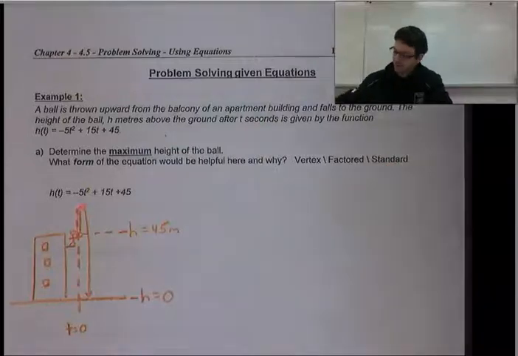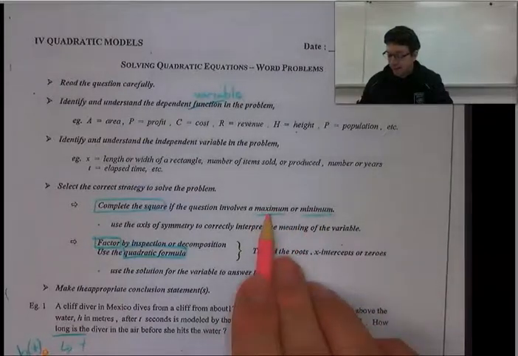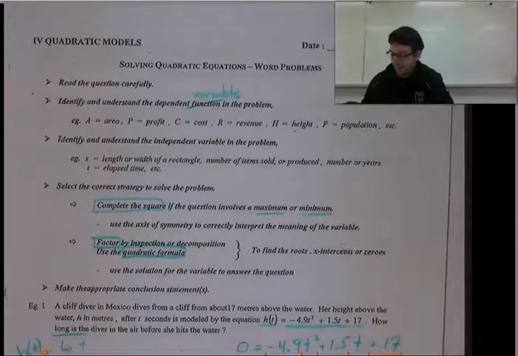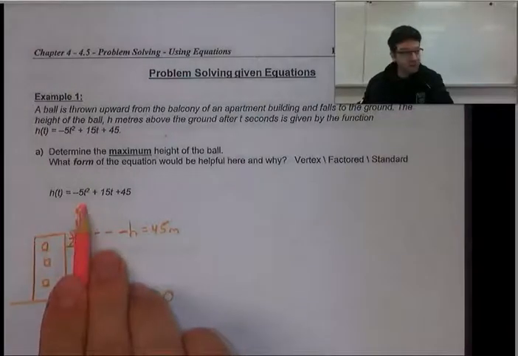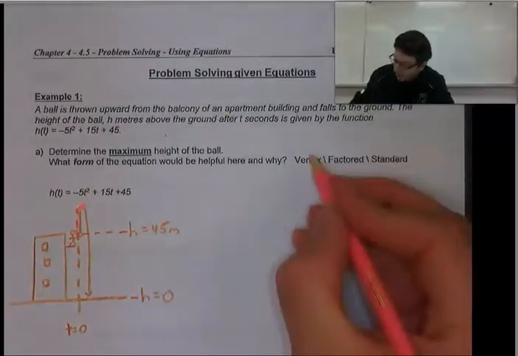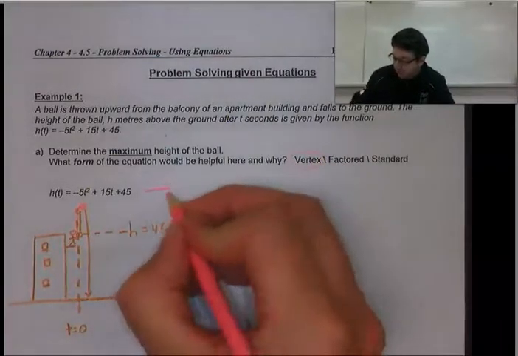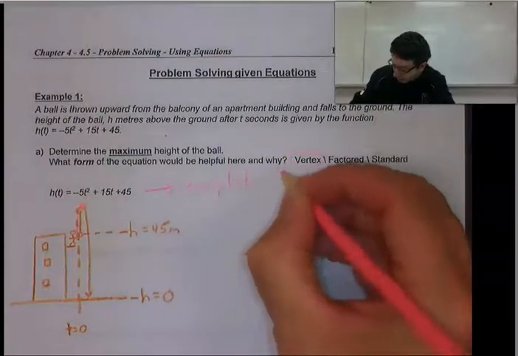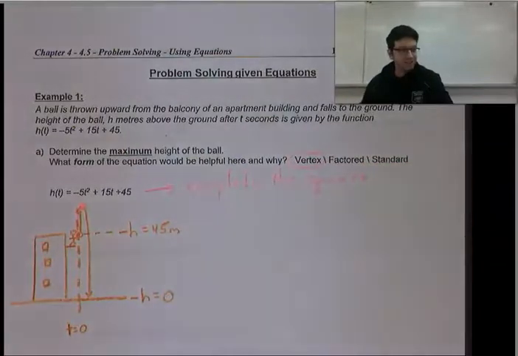If we go back to our sheet before, maximum is very easy to determine from vertex form, because vertex form tells you exactly where the vertex is, and that is our maximum or minimum point. In this case, our maximum point is the vertex, so we're going to want vertex form. And to do that, we're going to want to complete the square. So that's our strategy for part A.